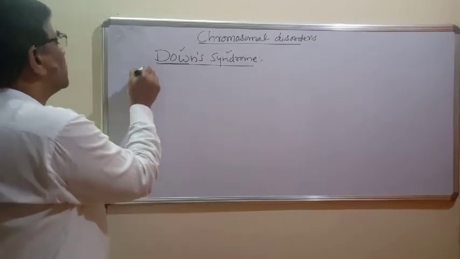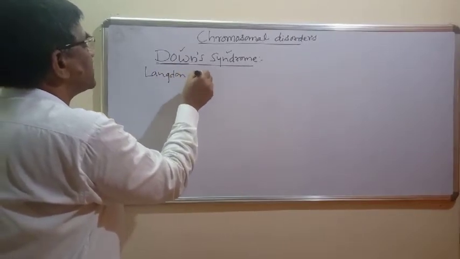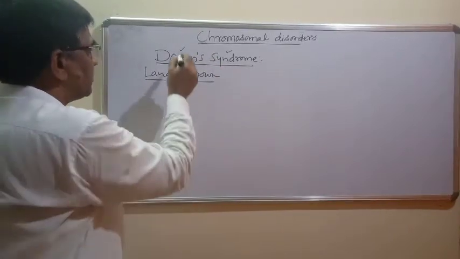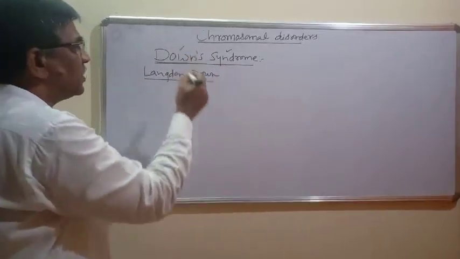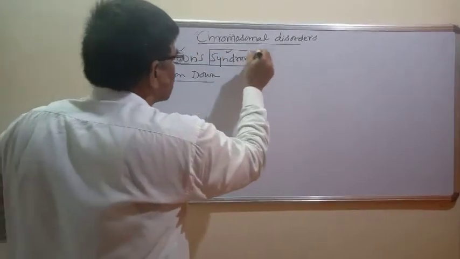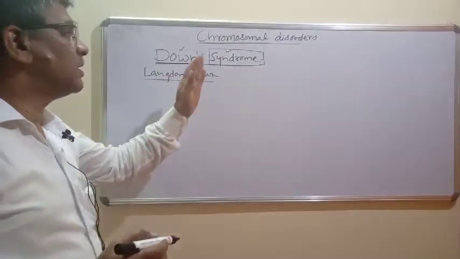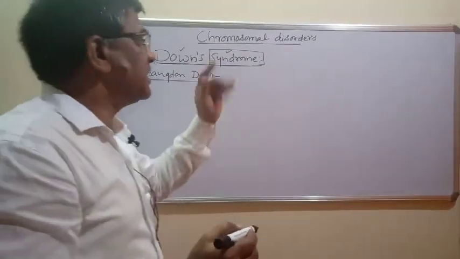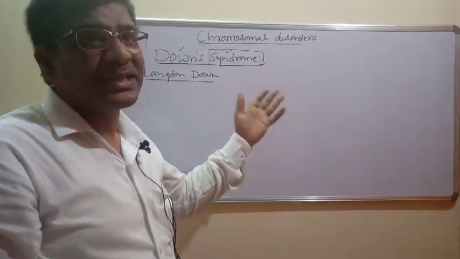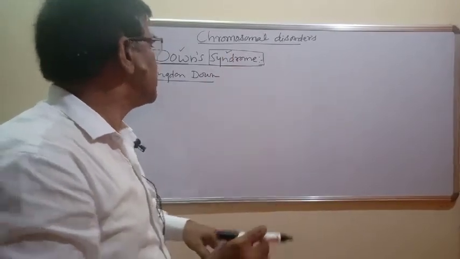Langdon Down is the name of the scientist who first observed it, therefore this disorder is called Down syndrome. A syndrome is not one disease, it is a collection of disorders. For example, acquired immunodeficiency syndrome in the case of AIDS.